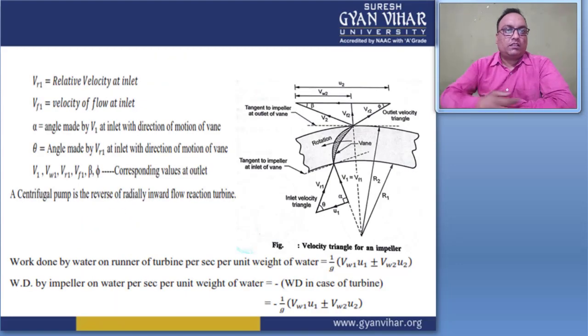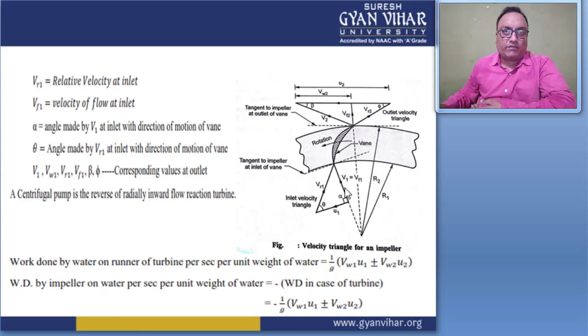This is the velocity triangle for the centrifugal pump impeller vane. This is the blade, the aerofoil shape of the blade, and this is the rotational speed, and this is one vane or blade, we can say, with the higher radius and the lower radius of this blade.